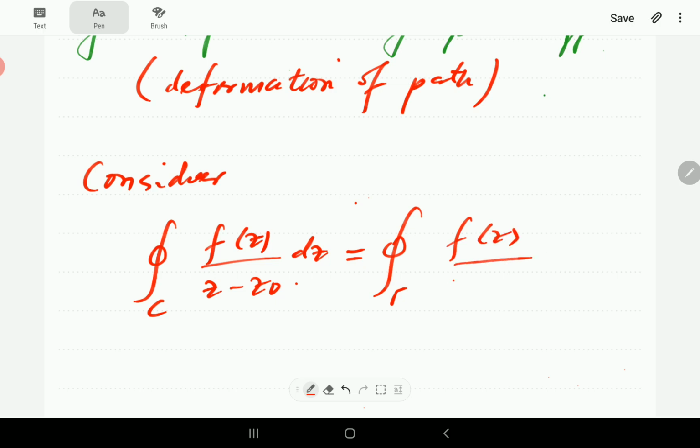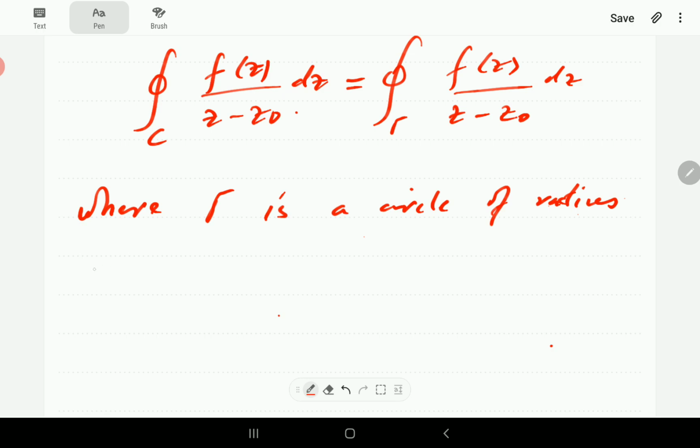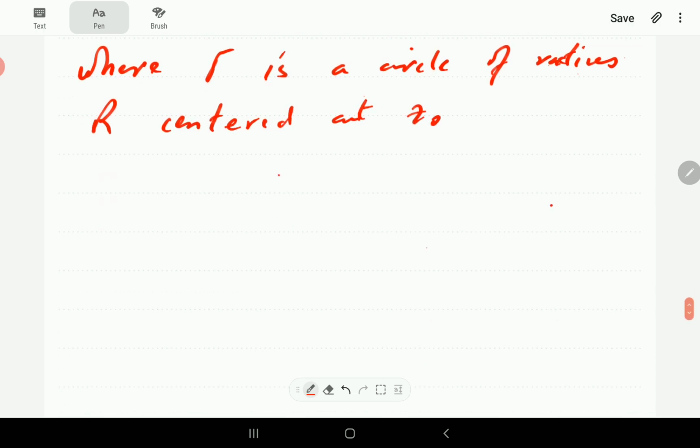Now this contour is going to be a circle, where gamma is a circle of radius r, centered at z0. So what are we saying here?